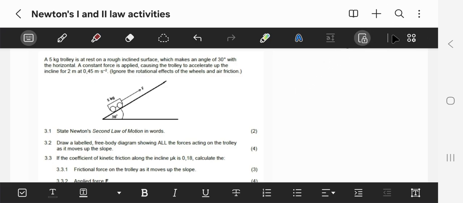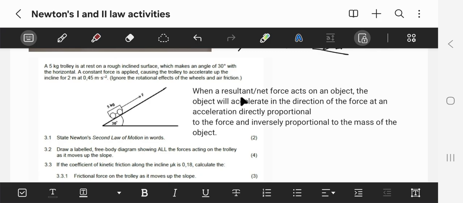That's how you state Newton's second law, and you'll get 2 marks for that. So there's our Newton's law. When a resultant or net force acts on an object, the object will accelerate in the direction of the force at an acceleration directly proportional to the force and inversely proportional to the mass of the object. Okay, that's how we go about it. Let's go to the next question.